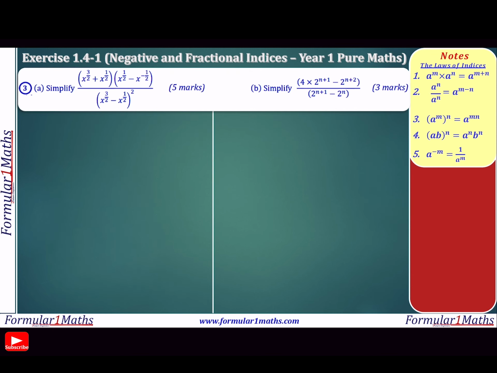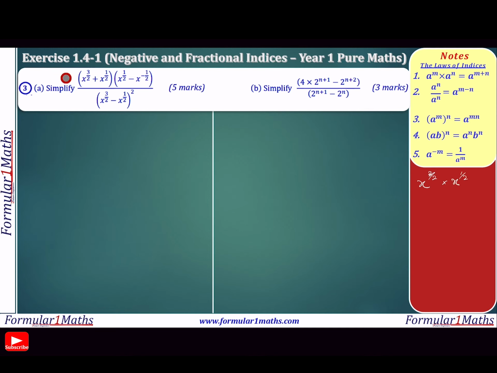Question 3. We are required to simplify these two expressions here, one for A and one for B. So for A, we are going to expand the numerator, this times that one, plus this times that, and so on. And so for the first term, we're going to get x to the power 3 over 2 times x to the power a half.